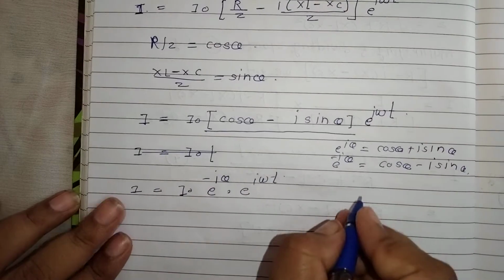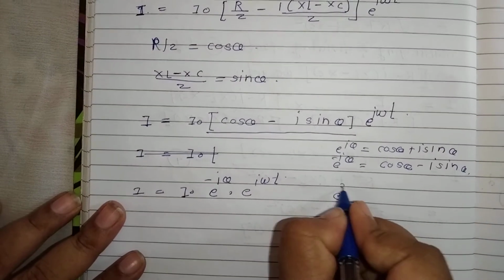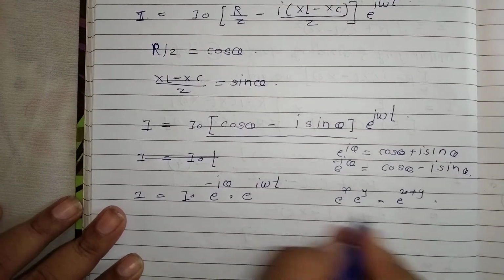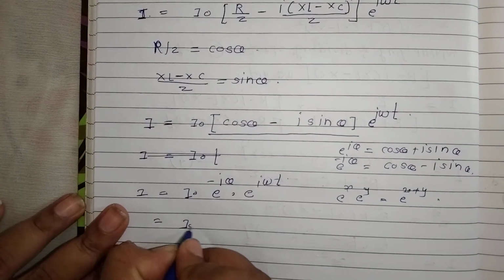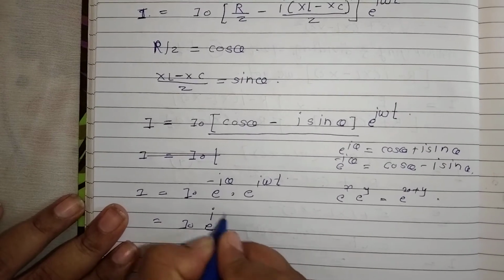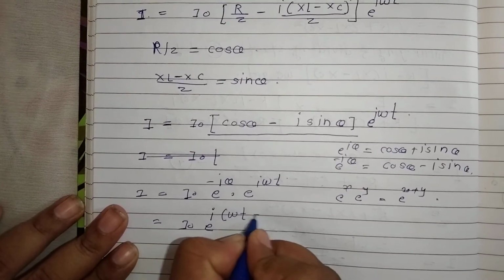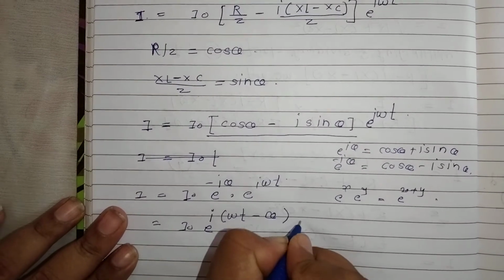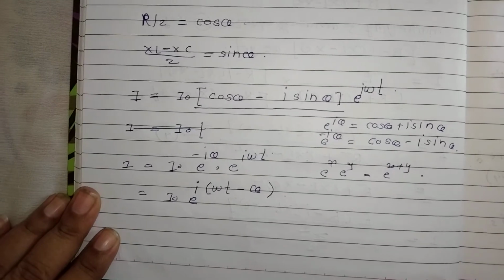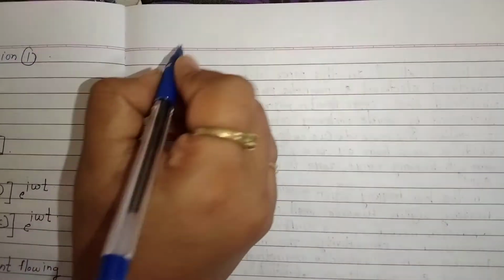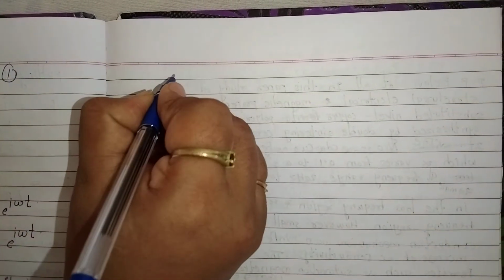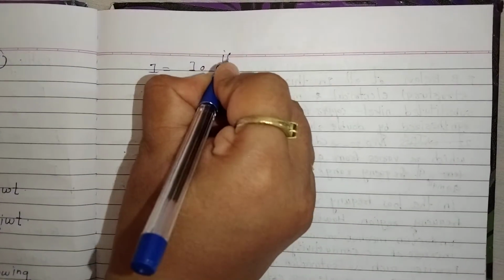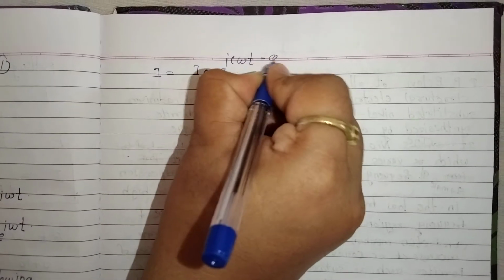We know e raised to x into e raised to y gives e raised to x plus y. So here we get I0 e raised to i, with i common, (omega t minus theta). So I is equal to I0 e raised to i(omega t minus theta).